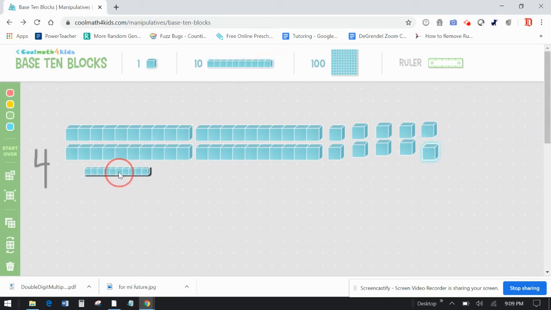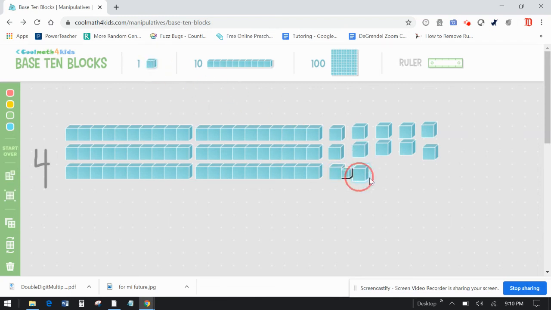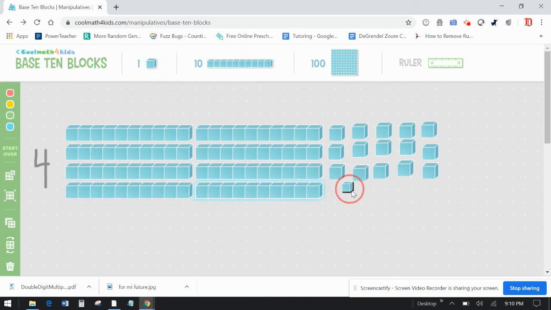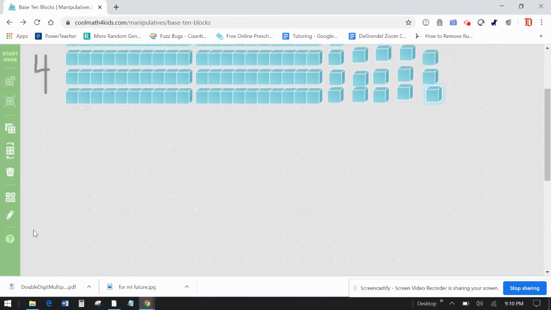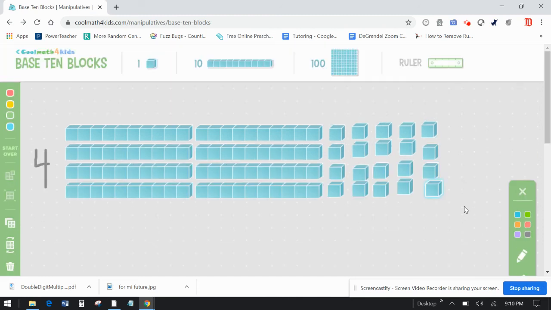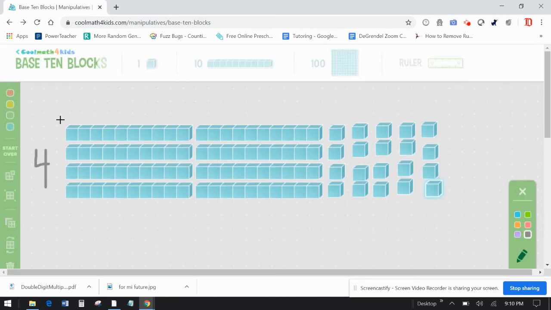I don't think that's a time saver. 10, 20, 21, 22, 23, 24, 25. And then here's our 4th row of 25. 10, 20, 21, 22, 23, 24, 25. So now I have created the exact same problem, and I should get the exact same answer.